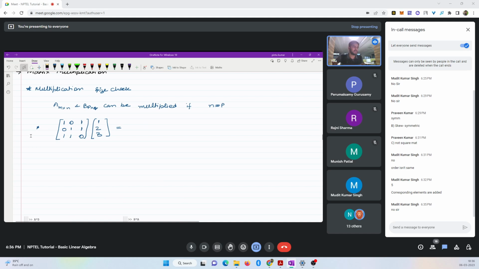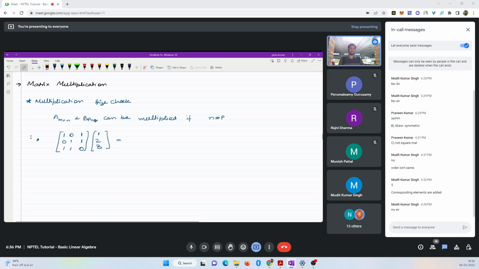Now we will look at matrix multiplication. If anybody of you doesn't know, probably this would be a good idea to learn. First of all, let's say we have a matrix A of size M cross N, and we have a matrix B of size P cross Q. Then the matrices A and B can be multiplied only if N and P are equal.